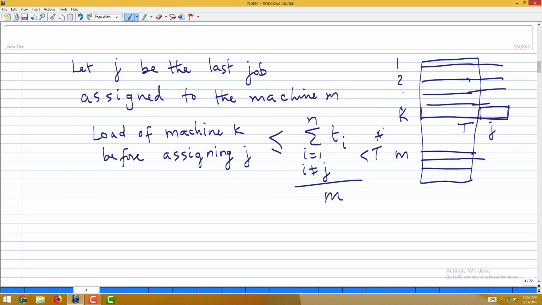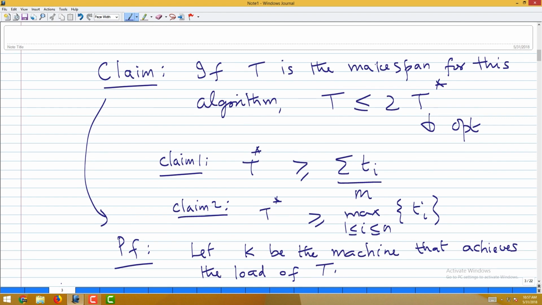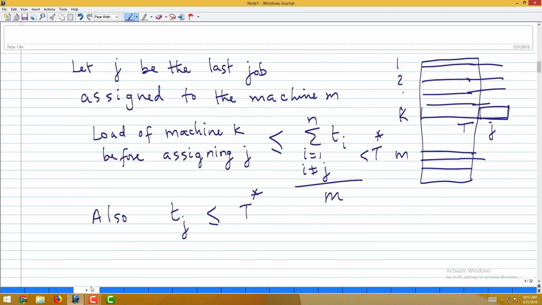Also, what do we know? T_j is less than or equal to T star, because of our second lower bound: T star is at least the max of the T_i's, so in particular it is at least this particular T_j. But what is the load of K? What is T?